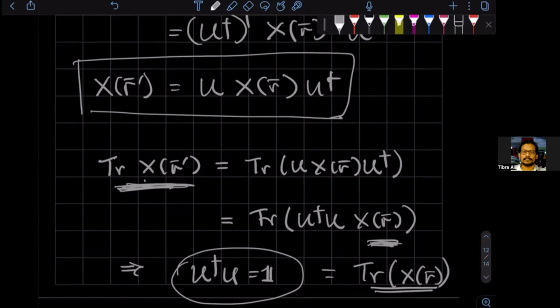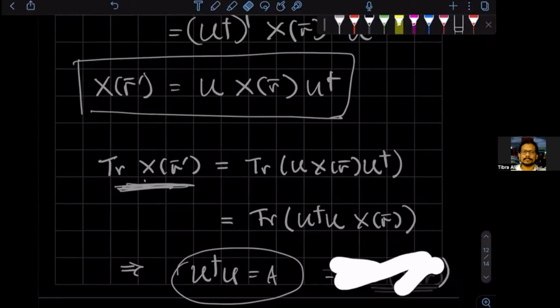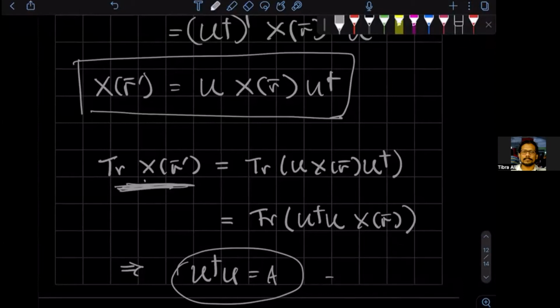If it's some other matrix, then there is no reason for it to be traceless, right? Then we will get a contradiction. Suppose that this was not proportional to 1, but some non-trivial matrix A. Then the right-hand side would become the trace of A times X of R, right?